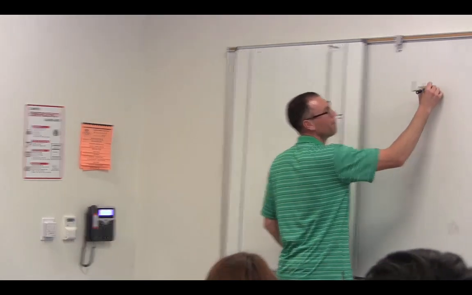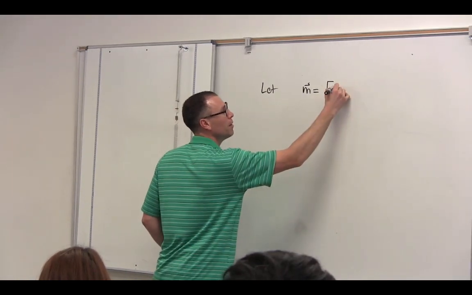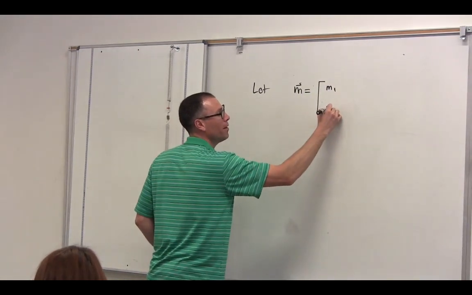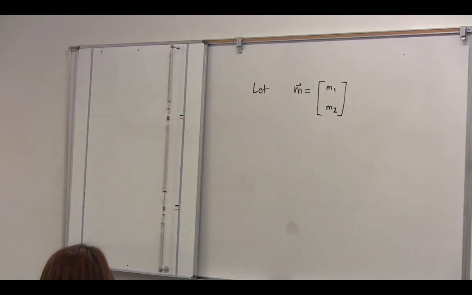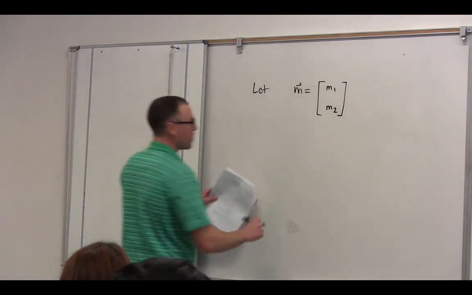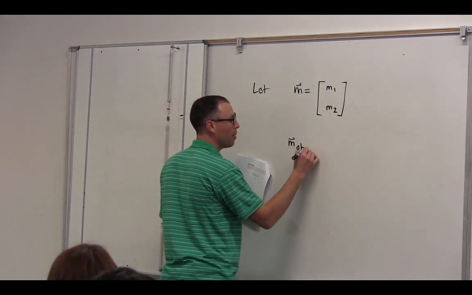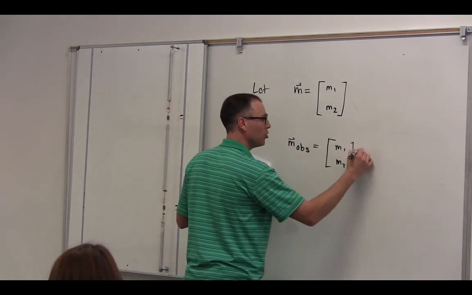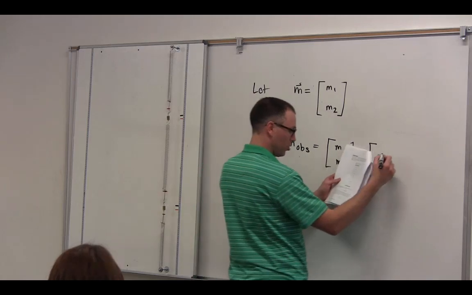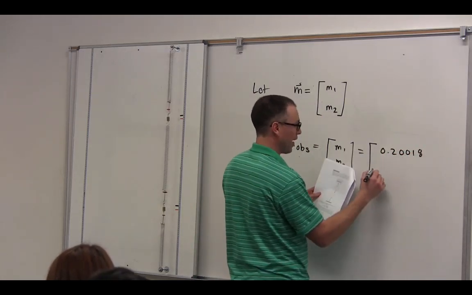Let M, could you guess what M is? Mass. Maybe we call it M1 and M2. And then we're going to say that there's actually 2 M's. One of them is going to be called M observed. So this is going to be M1 and M2. And perhaps if I was too legit to quit, I would actually give you the exact values of these things.